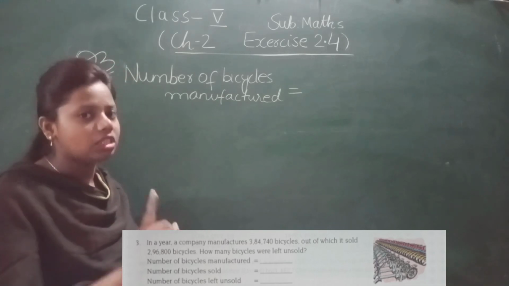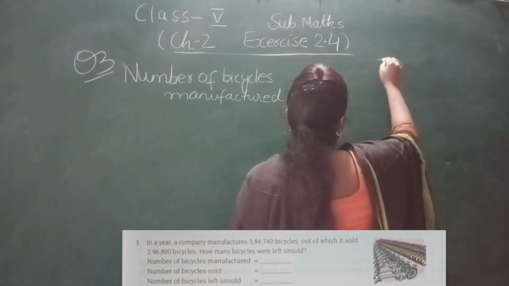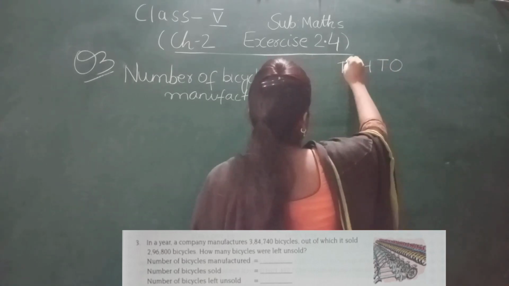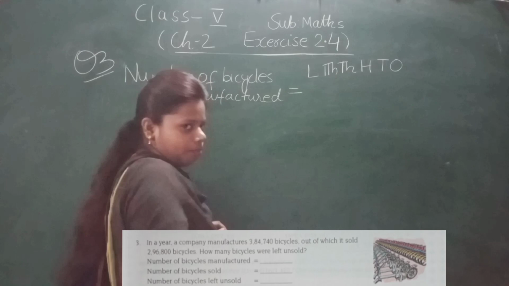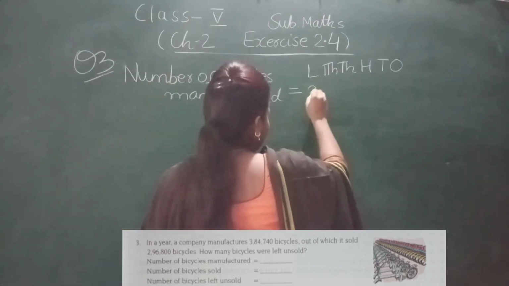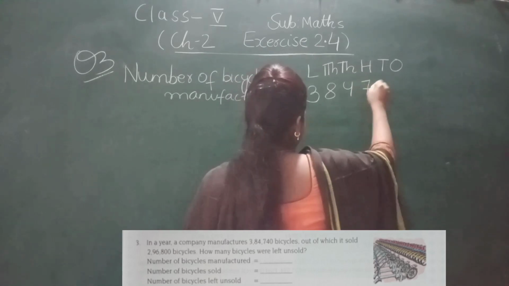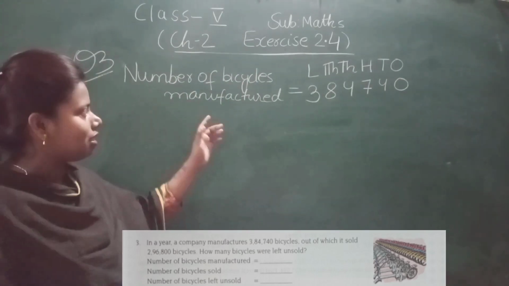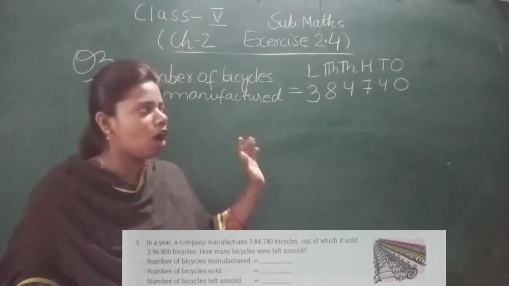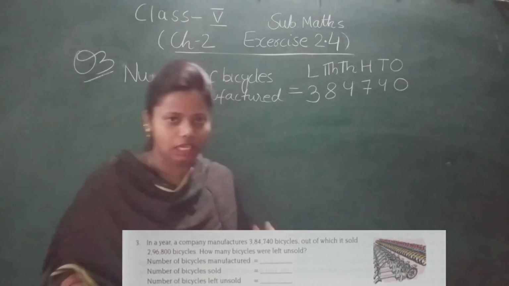So how many bicycles were manufactured? 3,84,740. It is given up to the lakhs place, so we will write ones, tens, hundreds, thousands, 10,000, lakhs. Now let's place what is given. 3,84,740.